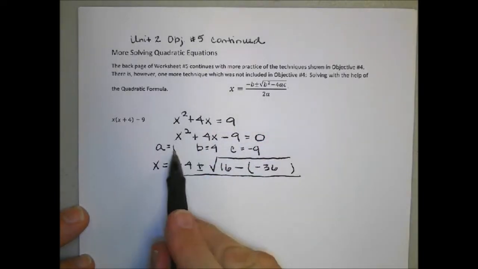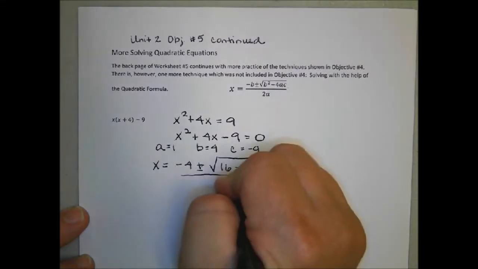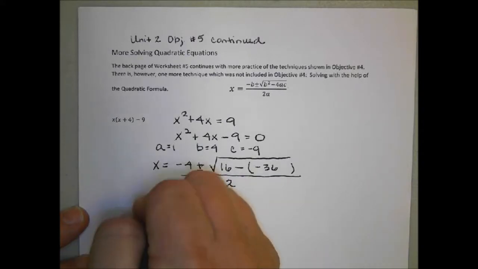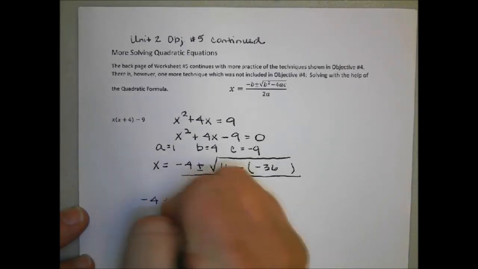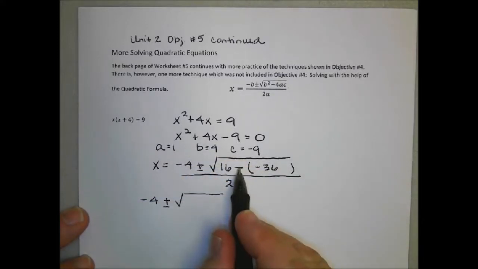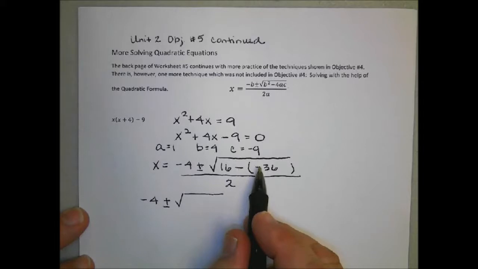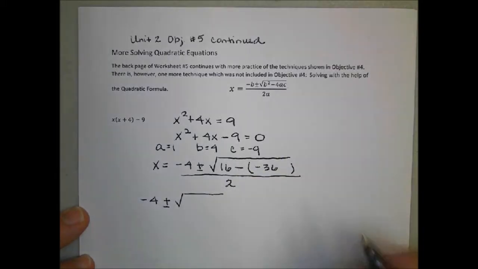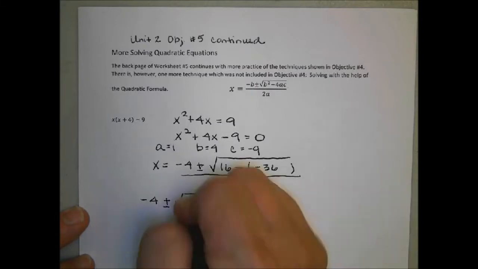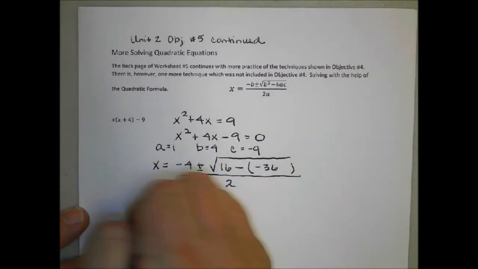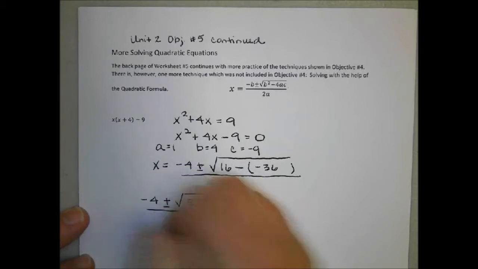All over 2 times the a value, which in this case would be 2 times 1, which is 2. So we've got negative 4 plus or minus the square root, the subtraction sign and the negative turn into plus. So 16 plus 36 is 52. All over 2.